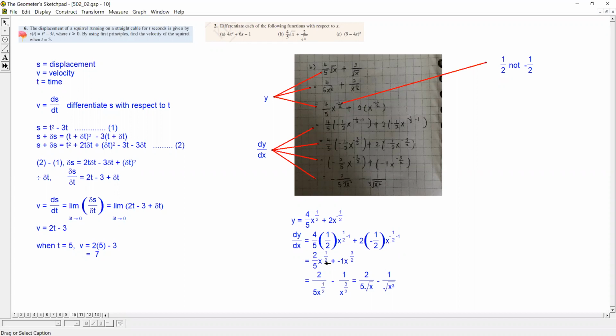Now, many times they ask me whether you can leave the answer like this or not. If they say simplify your answer, you cannot leave it in this form. You have to make sure the negative goes to the bottom and the fraction becomes a square root or cube root or things like that. Normally they will ask you until square root, the most is cube root.